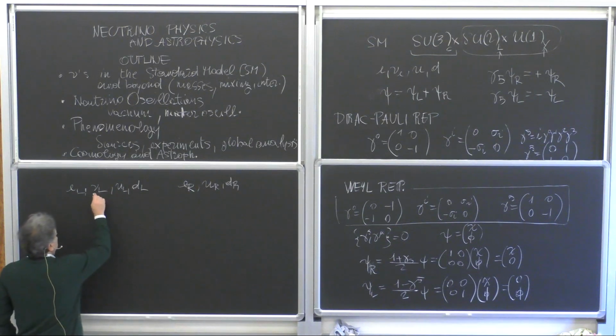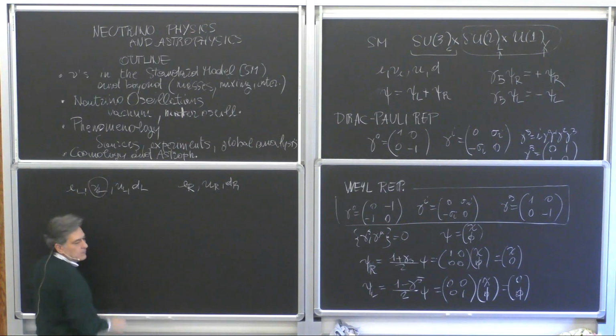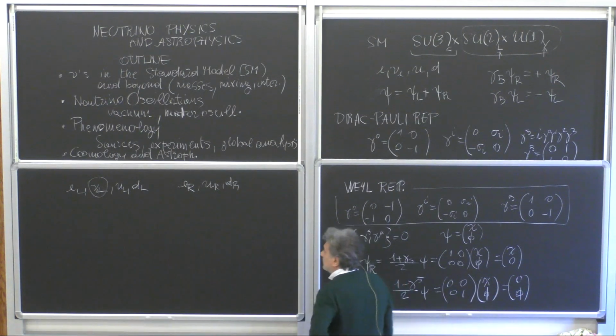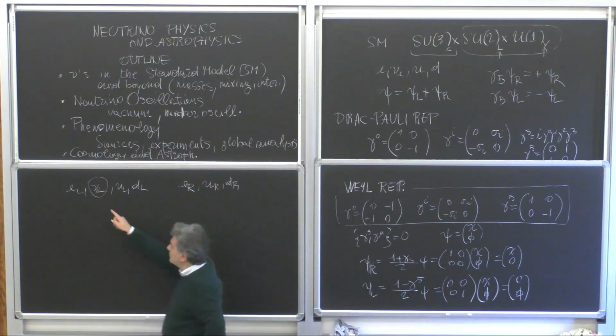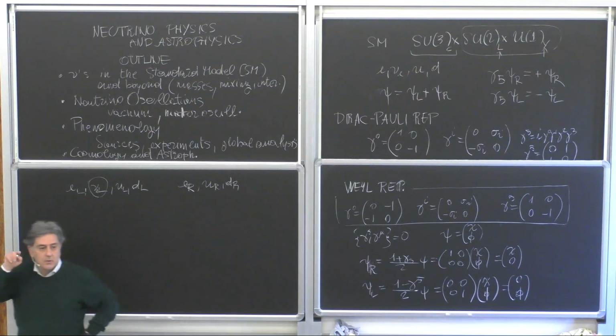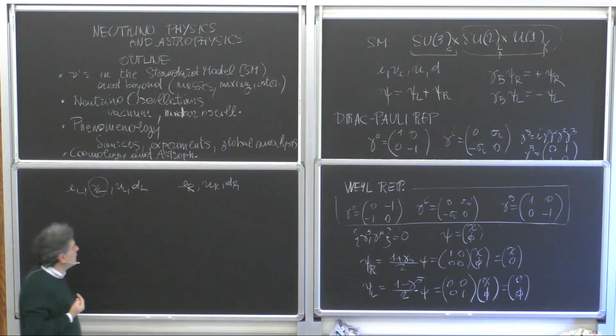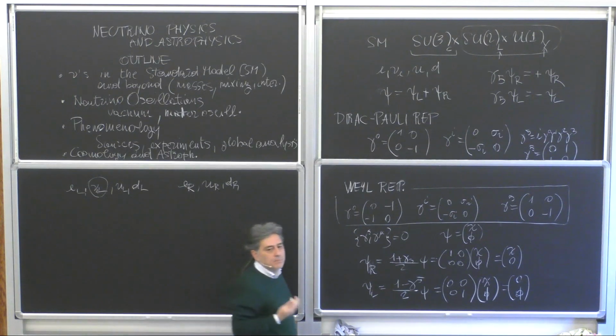Sorry, this is the electron neutrino, but for one family we can forget about the index. Neutrinos, from the beginning, do not have the right part.